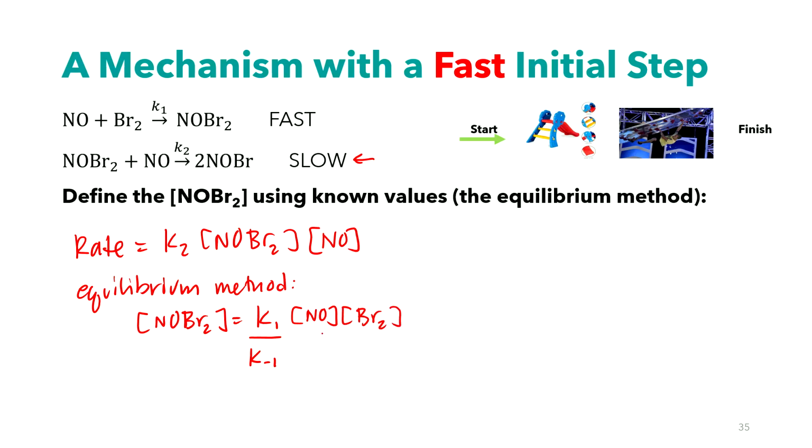And now I can take this and plug it in here. So my final rate law is k1 k2 divided by k minus 1, and we'll deal with that in a second. I've got two NOs, so that's going to give me NO squared, Br2. There's my derived rate law when my second step is slow and my first step is fast.